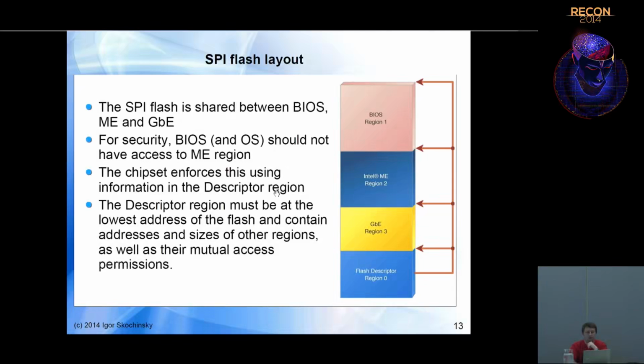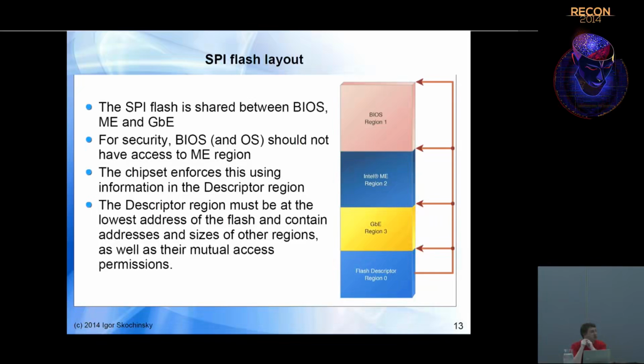And for security purposes, Intel decided that, for example, the BIOS should not have access to the Intel ME region because it may have some sensitive information, various encryption keys or whatever. So they use the so-called flash descriptor to signal the chipset which parts of the system have access to the various parts of the flash image.